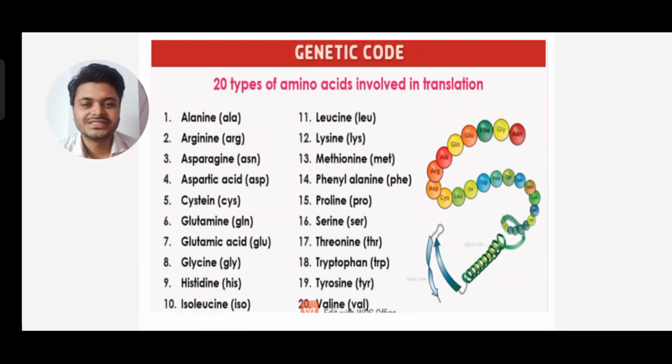Next you can see the genetic code. There are 20 types of amino acids involved in translation. You can see the names: alanine, arginine, asparagine, aspartic acid, cysteine, glutamine, glutamic acid, glycine, histidine, isoleucine, leucine, lysine, methionine, phenylalanine, proline, serine, threonine, tryptophan, tyrosine, and valine, and all the symbols are given in the brackets, like alanine, its symbol is ALA.